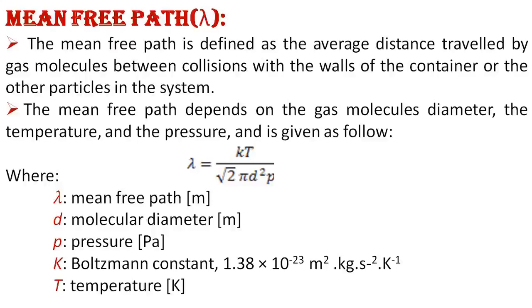K is the Boltzmann constant, 1.38 into 10 raised to minus 23 meter square kg per second square K. T is the temperature in K. So the mean free path is the average distance traveled by gas molecules between collisions with the container wall and others. That is known as the mean free path of a gas.